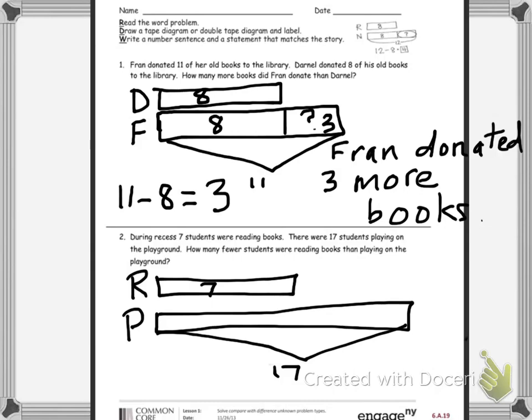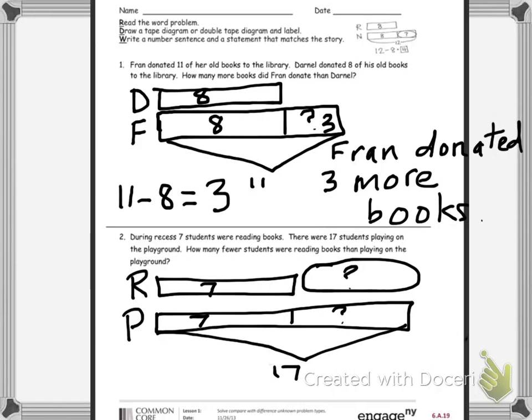Now we need to figure out how many fewer students were reading. So let's match up on the ones playing on the playground, the 7. So now we need to figure out how many more were playing on the playground, which will give us the same answer as how many fewer were reading. So we're really trying to figure out what would go here to make these the same.